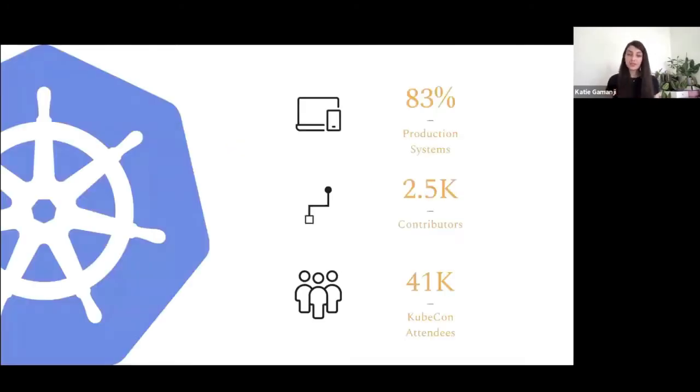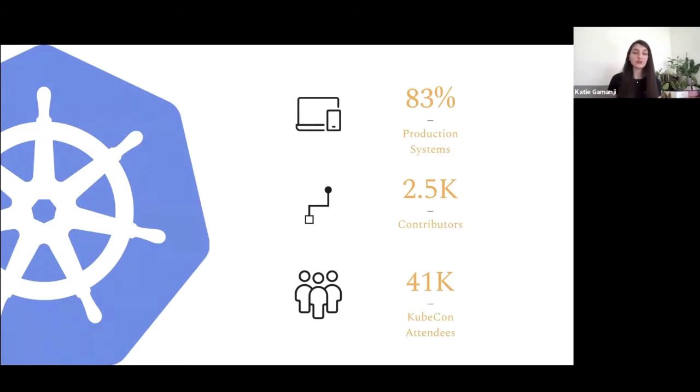And we can see this represented in numbers. Based on the CNCF survey last year, more than 83% of the companies are using Kubernetes in production. When we transition towards the contributor community, more than 2,500 engineers are actively collaborating towards feature build-out and bug fixing. And when we look into the end-user community, more than 41,000 attendees were registered at the KubeCons around the world.